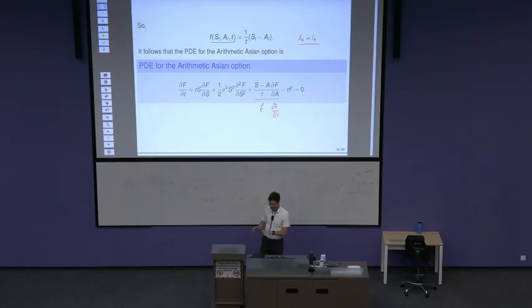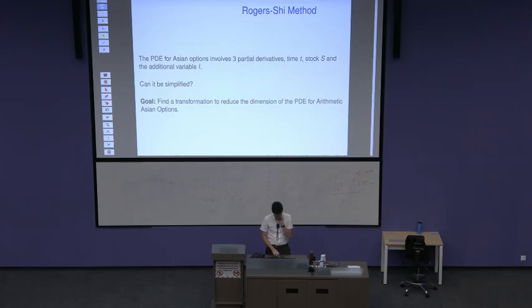Dimension 4 is already highly problematic, dimension 3 sometimes is okay. Dimension 2 would definitely be better than dimension 3. So we have the PDE that involves 3 dependencies: T, S, and some I.